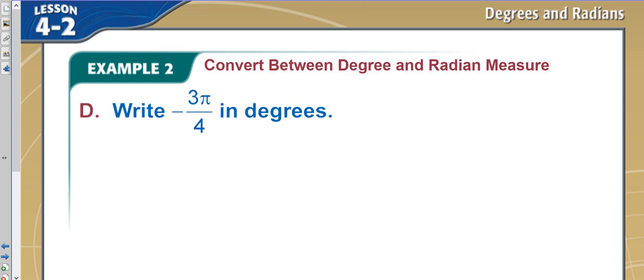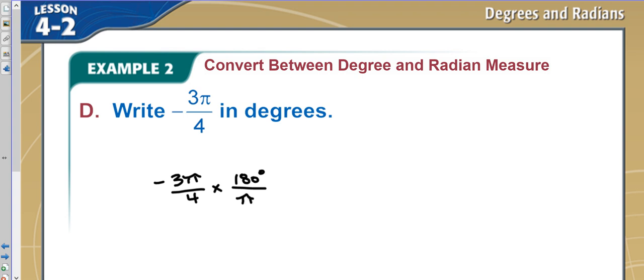Let's try another one. It says negative 3 pi over 4. We want to write this in degrees. So if I'm going to write in degrees, I need to cancel the pi, so I'll put pi on the bottom. If I'm canceling a pi, then I need 180 on top because 180 degrees is the same thing as pi.